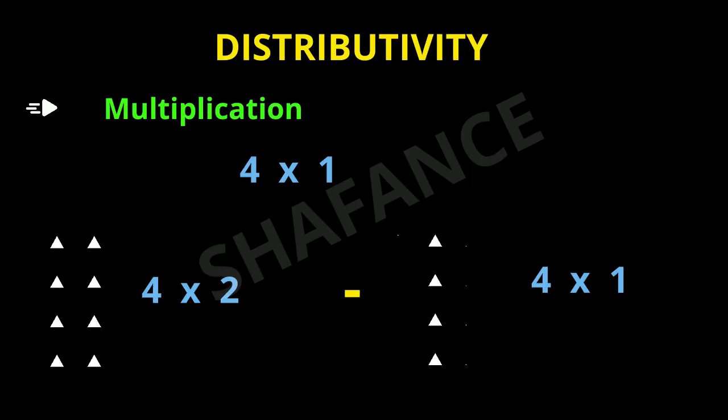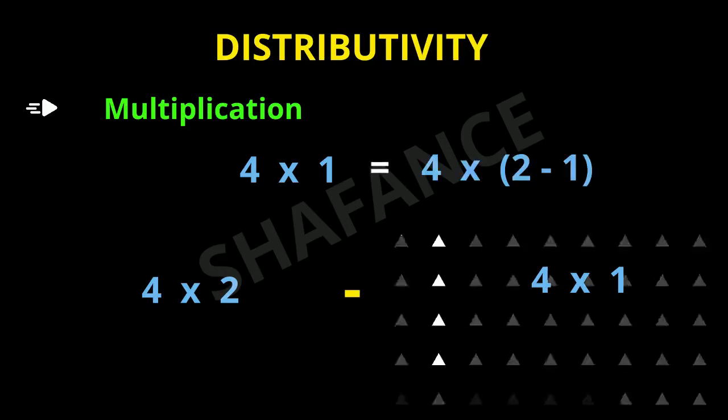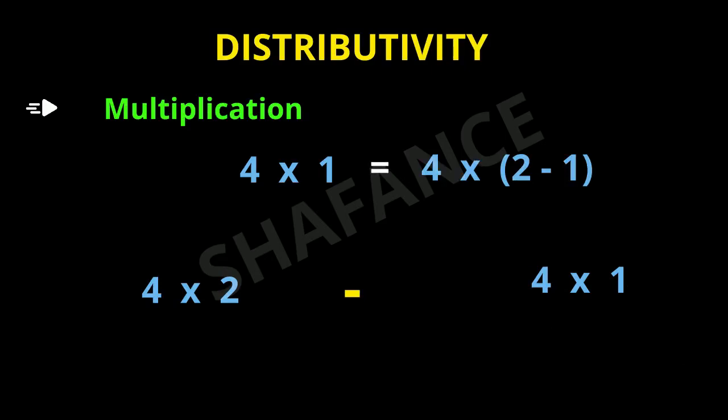Now we will include the bracket in the initial equation. 4 multiplied by 1 can be written as 4 multiplied by, inside the bracket, 2 minus 1. So now 4 multiplied by 2 is what we get when 4 gets multiplied by 2 inside the bracket. So when 4 outside the bracket gets multiplied by 2 inside the bracket, we get 4 into 2.